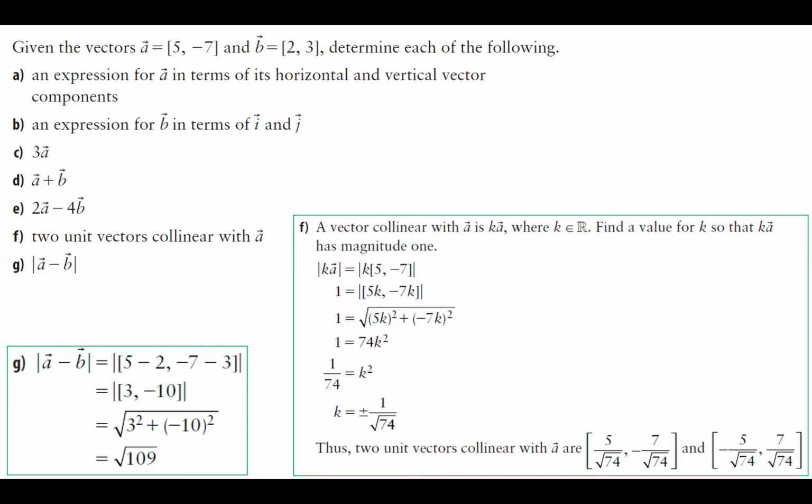The magnitude of A minus B. First of all, we can find the vector corresponding to A minus B. That is 5 minus 2, -7 minus 3. That gives us (3, -10). So the magnitude of (3, -10) equals the square root of 3 squared plus (-10) squared, which gives us the square root of 109.